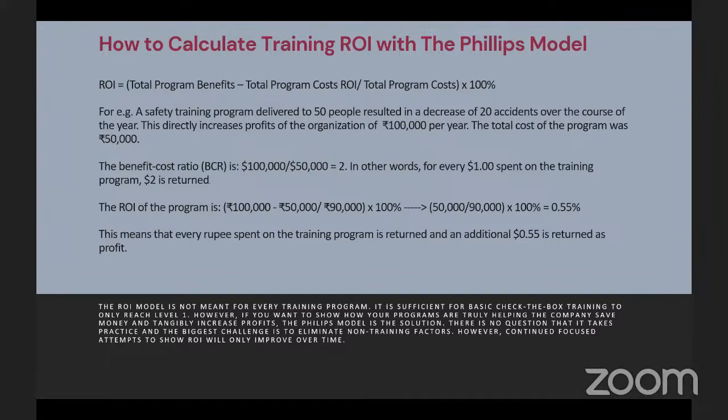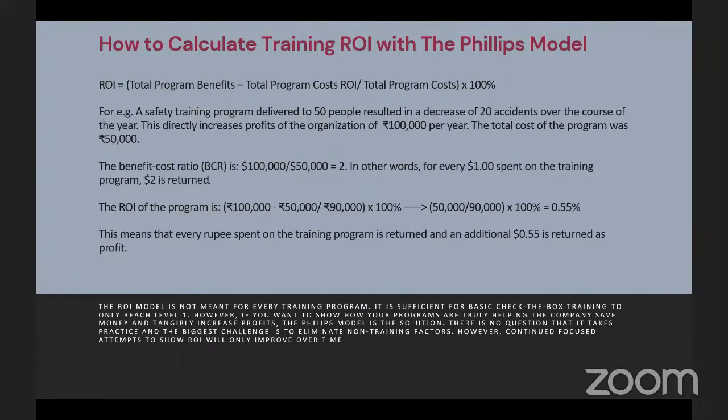However, if you want to show how your programs are truly helping the company save money and tangibly increase profit, the Phillips model is the solution. There is no question that it takes practice, and the biggest challenge is to eliminate non-training factors. However, with continued focus, attempts to show ROI will only improve over time.